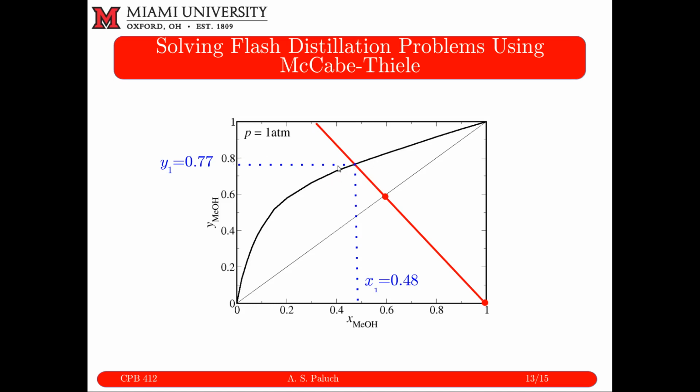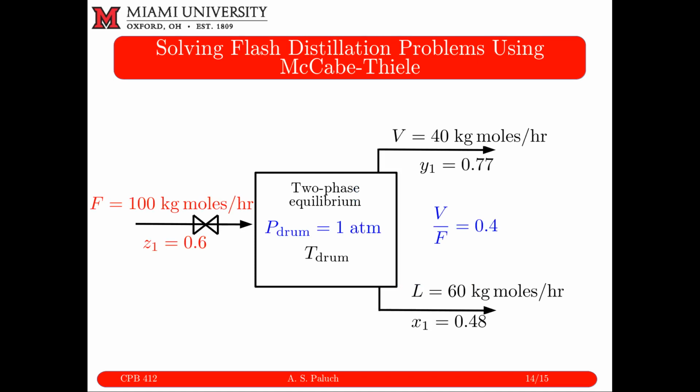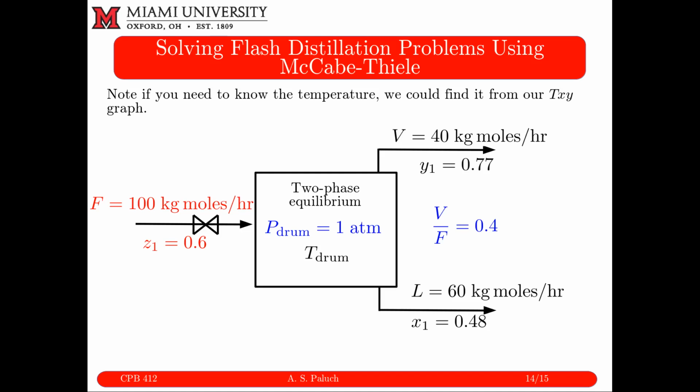I just read off y and x, and that's going to correspond to my answer. That's going to be the value of y and x that simultaneously solves my equilibrium relationship and my mass balance. So that gives me y and x. If I want a T, I could go back to my TXY phase diagram with that pressure, then use either y or x, draw my isotherm, and I would get temperature.